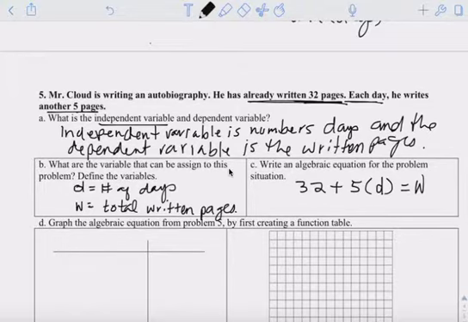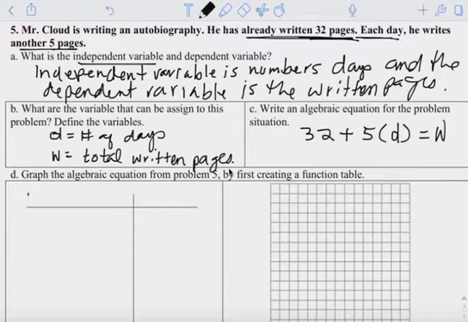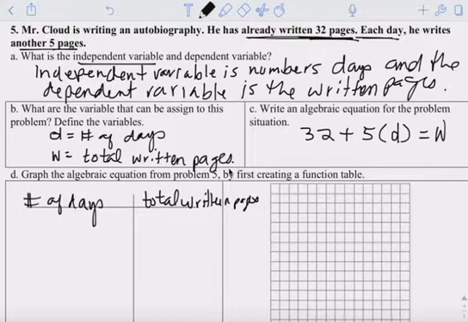W is the total pages he's written. The number of days is the independent variable, or the input, and the output is the total number of written pages. Let's say he's written 32 pages plus 5 pages for each day.